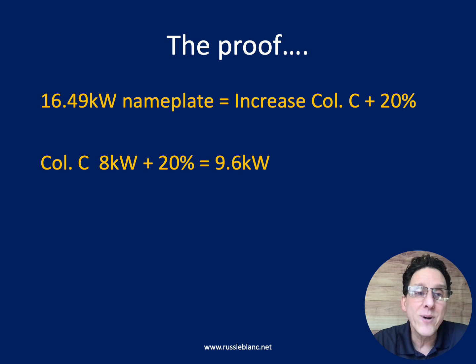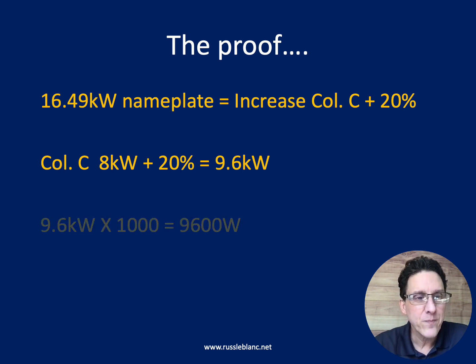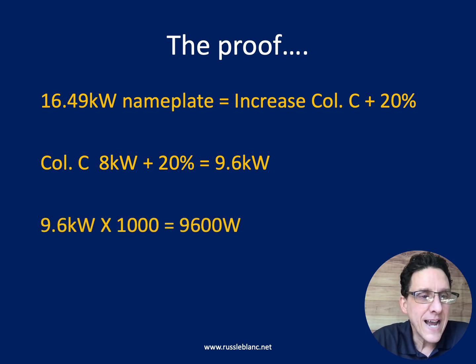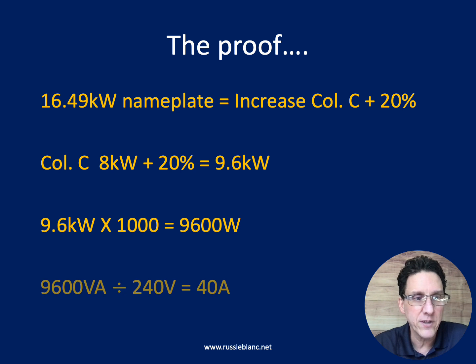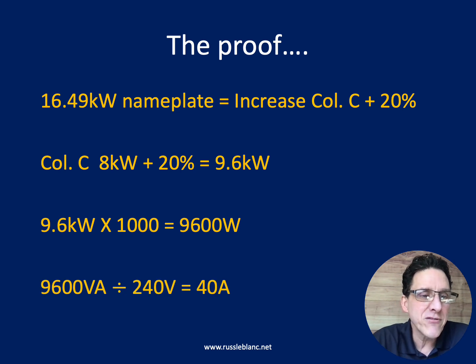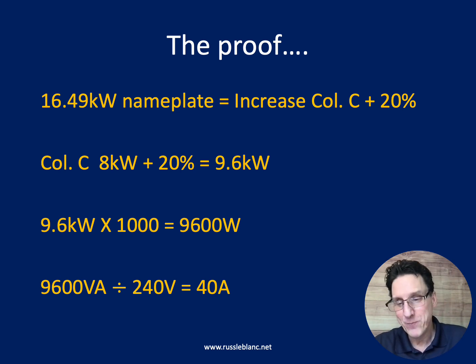That's 9.6 kW. 9.6 kW times 1,000 is 9,600 watts, or VA. They're the same for the purposes of these calculations. So 9,600 VA divided by 240 volts equals, guess what? 40 amps. Yay!